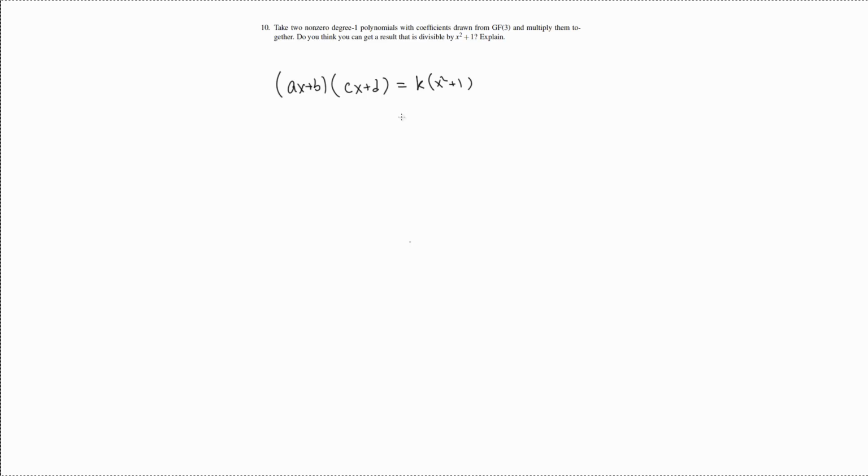Now let's examine the roots of the two sides. The left-hand side has a root at b times a inverse, and a root at d times c inverse. Now these two numbers are not necessarily distinct, but we have that there exists at least one root.